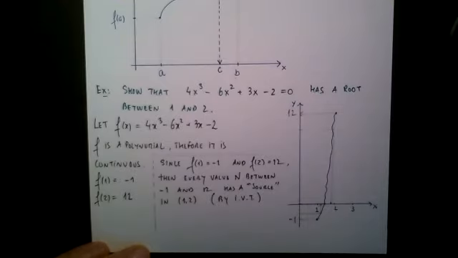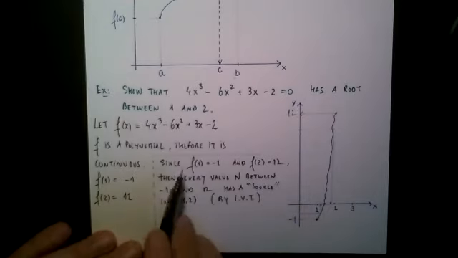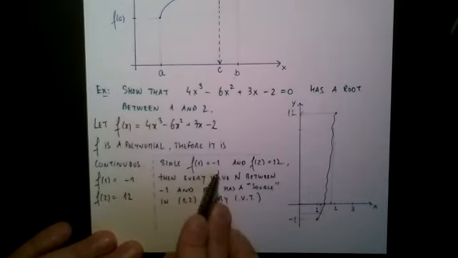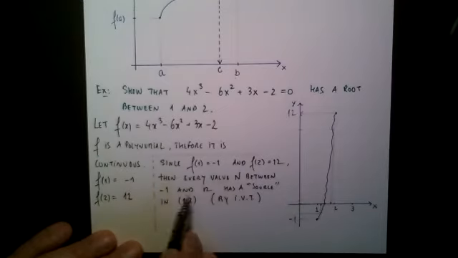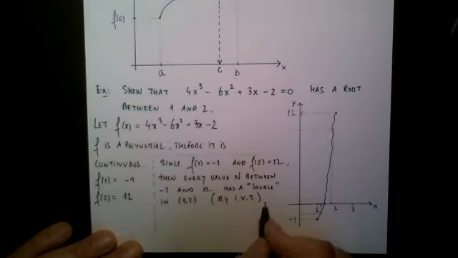And therefore, there is a value in 1, 2 for which the image is 0. Okay, so I'm going to write this down. Since f of 1 is -1 and f of 2 is 12, then every value n between -1 and 12 has a source in 1, 2 by the intermediate value theorem.